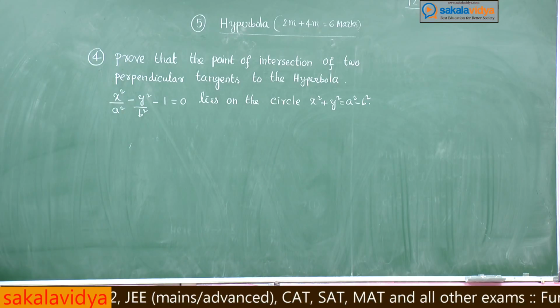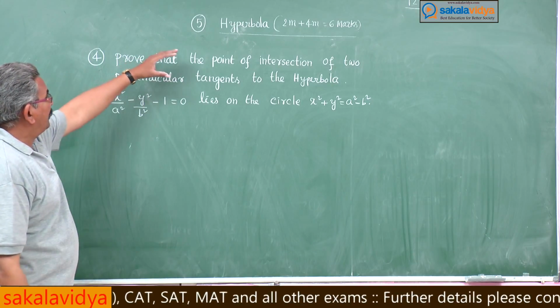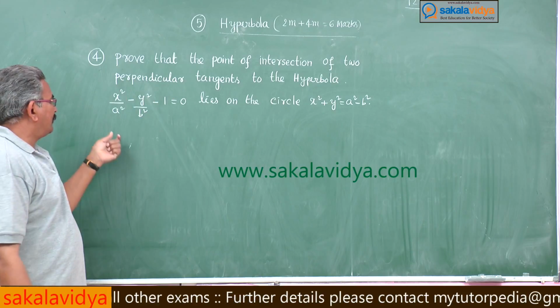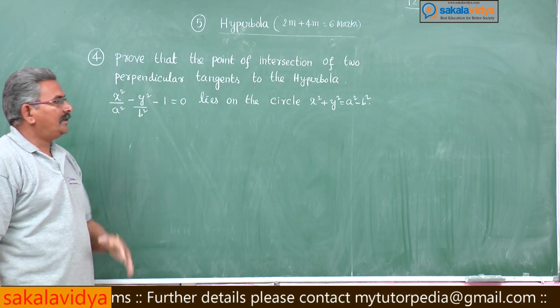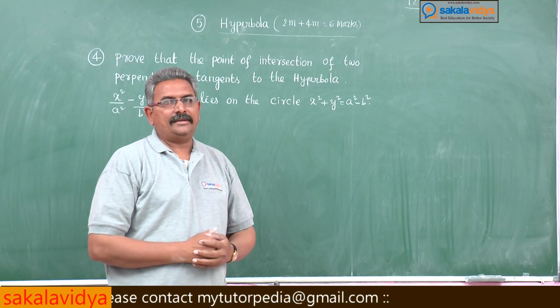This is a very important problem. The point of intersection of two perpendicular tangents drawn to the hyperbola lies on the circle x square plus y square is equal to a square minus b square.